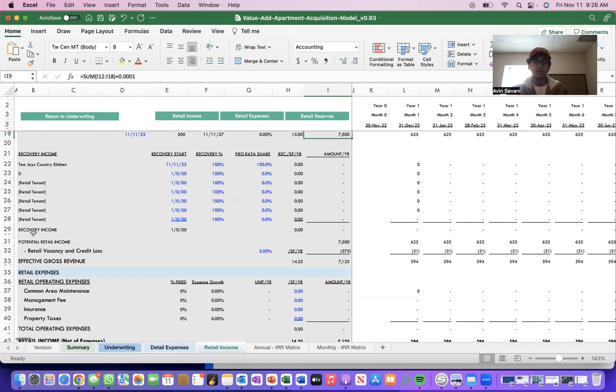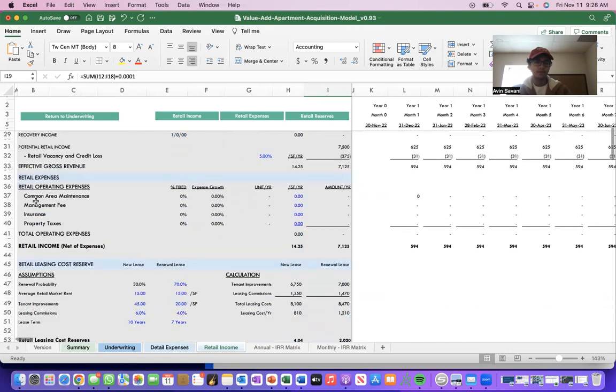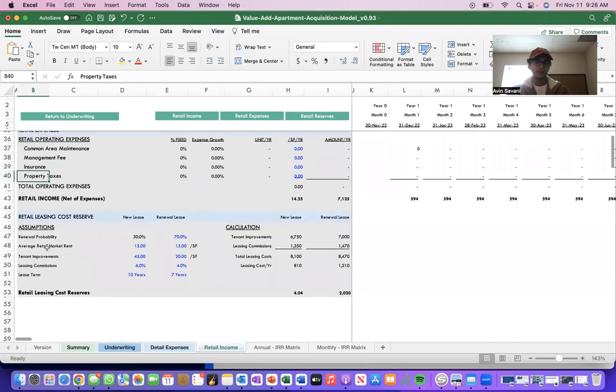And then here is that displayed here: common area maintenance, management fees, insurance, property taxes. So you can prorate all of this to the tenant, basically. And then here's some other cool things. So retail leasing cost reserves.